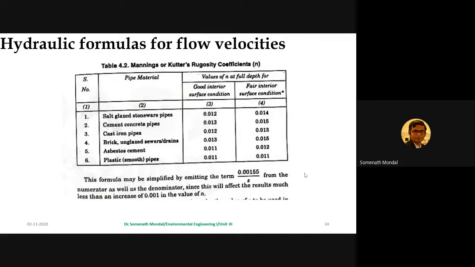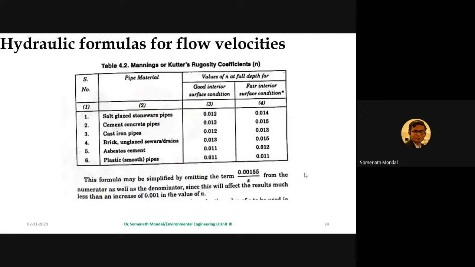You can see that we have different materials for the pipe: salt glazed stoneware, cement concrete pipes, CI pipes, unglazed brick pipes, AC pipes, and finally plastic pipes. Depending upon its smoothness, there is a variation in the value of Kutter's rugosity coefficient, and you can take the value depending upon what type of pipe you are considering for your design.